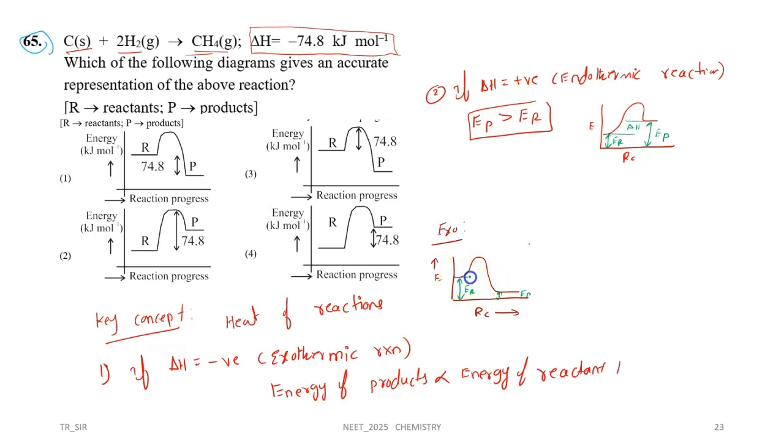This value represents the del H value, which is given here as minus 74.8. So option A is the right answer for this question. This much is our del H value, and this is not the del H value; it is the activation energy we can represent. So the correct option for us is this one.